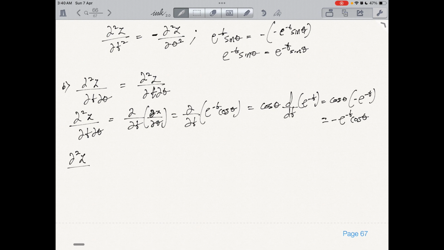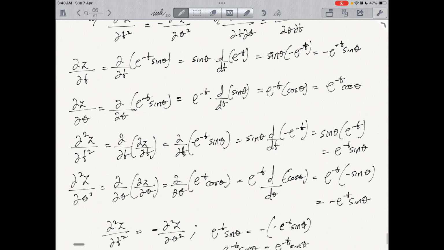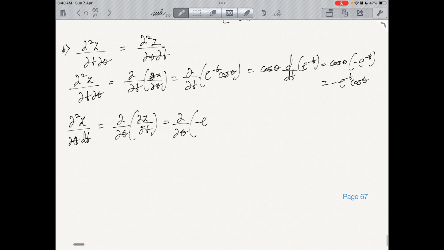And likewise, let's do the same for d square z/d theta dt, and this is d/d theta of dz/dt. That is differentiating partially with respect to theta, and our dz/dt, as we have seen earlier, is minus exponential minus t sine theta.